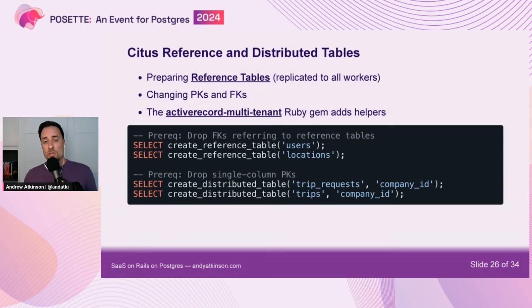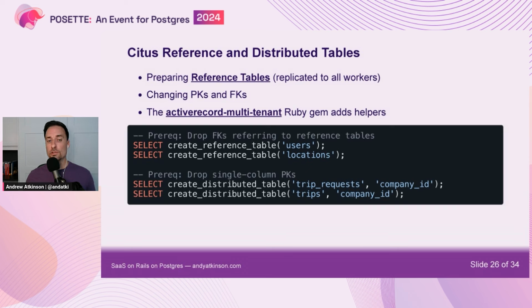Besides distributed tables, we also have reference tables. Reference tables, here with Rideshare anyways, are our smaller tables that will be replicated to all workers. And there are some caveats around changing primary keys and foreign key definitions.